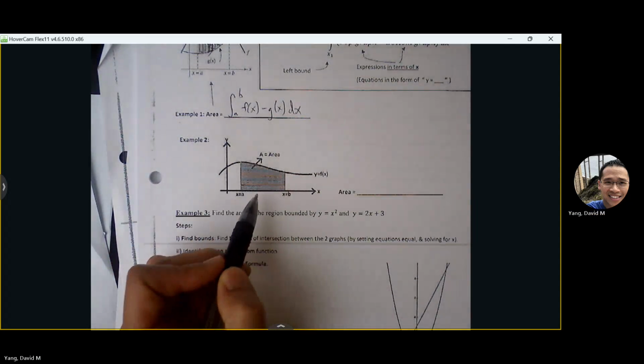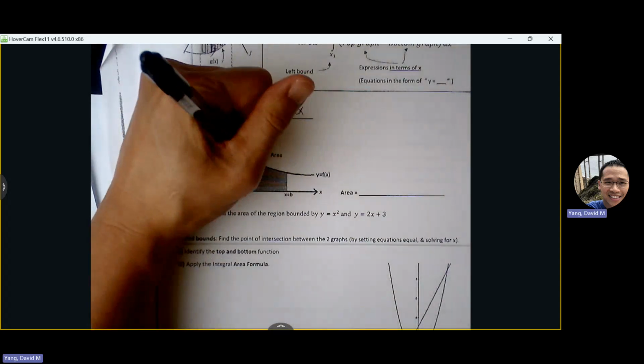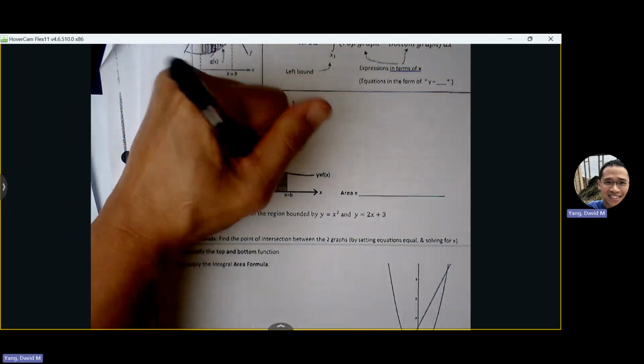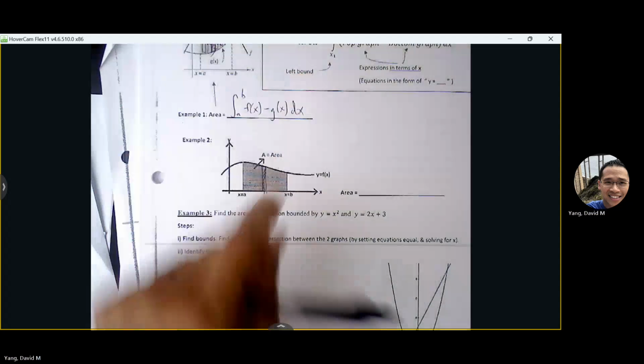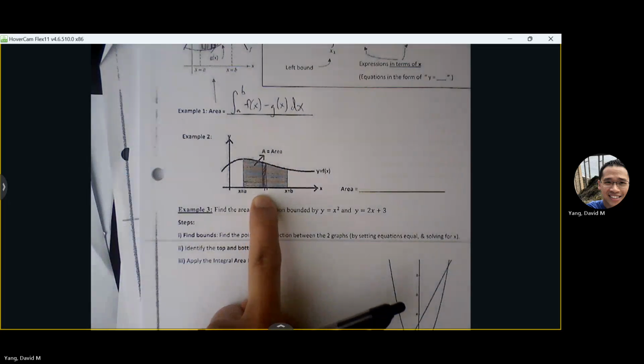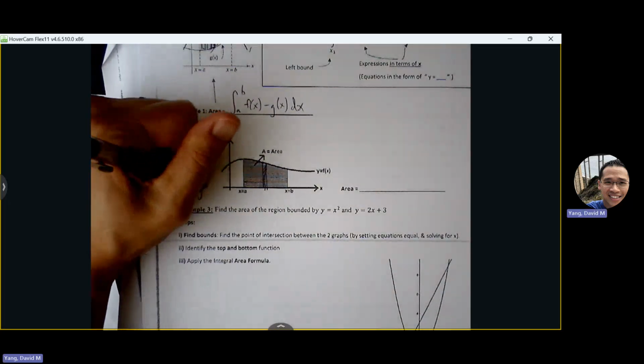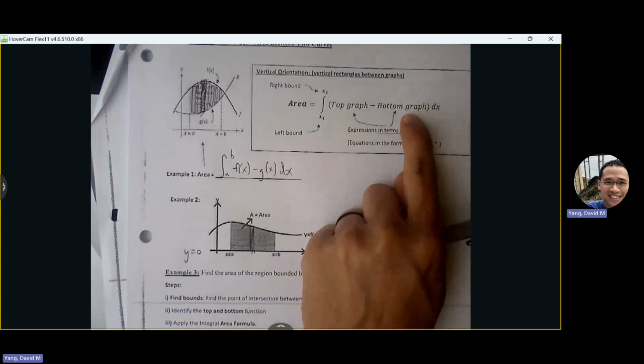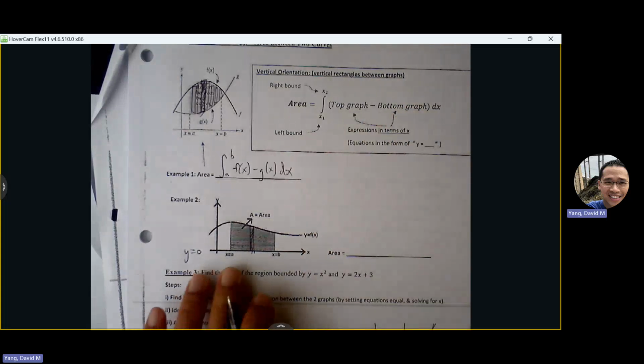Here, the top graph is the f, and what's the bottom graph in this region? 0, y equals 0. So technically, we've been doing the area formula. It's just that we've always treated the other graph as 0, so it always drops away.